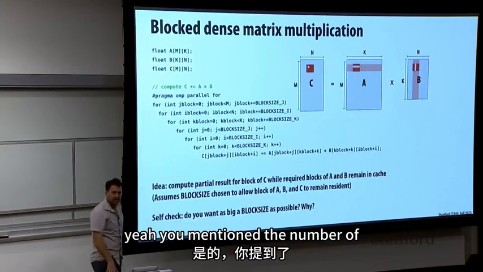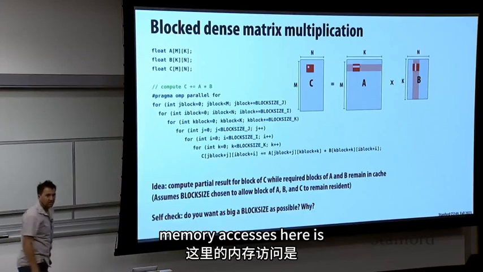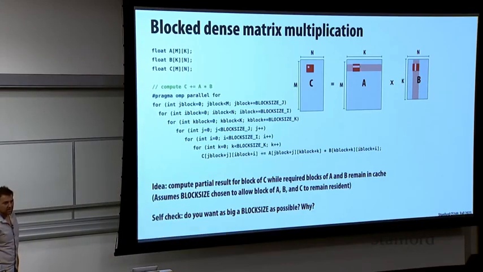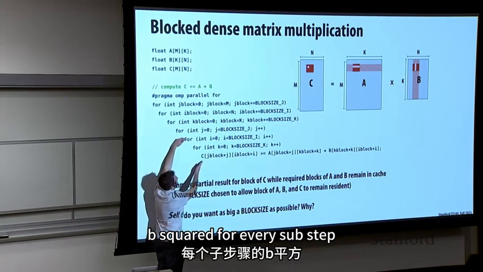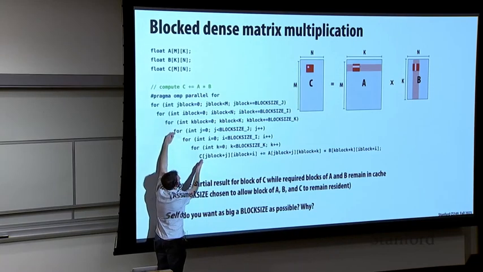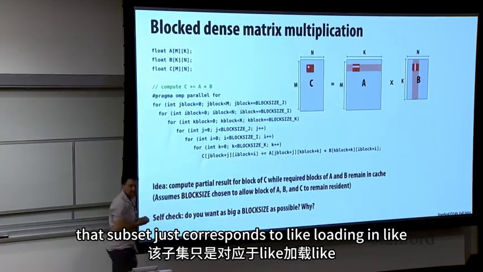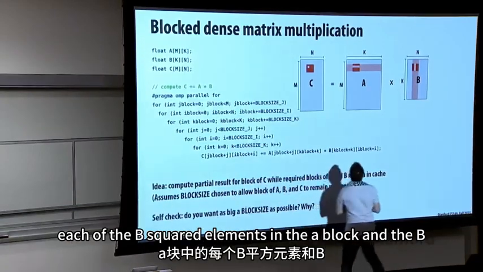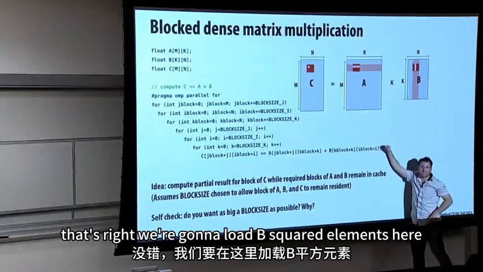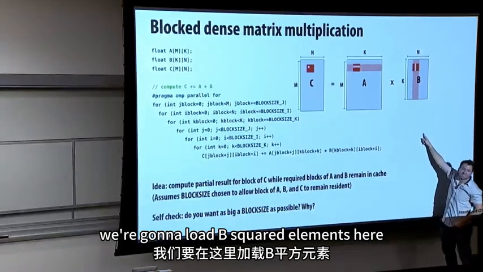Yeah, you mentioned the number of memory accesses here is B squared for every sub-step. That just corresponds to loading in each of the B squared elements in the A block and the B block. That's right. We're going to load B squared elements here, and B squared elements here.